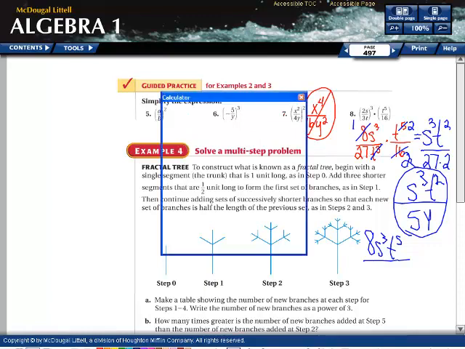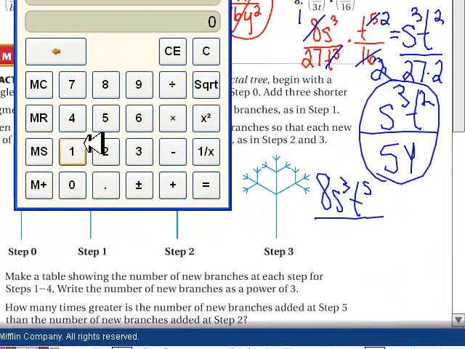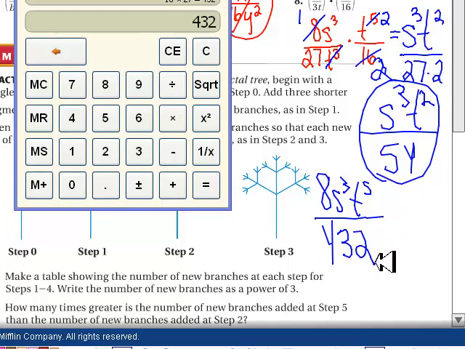Let's get out the calculator. 16 times 27 is 432. T cubed. And then, of course, you would have to reduce your numbers. 8 over 432 would reduce to 1 over 54.